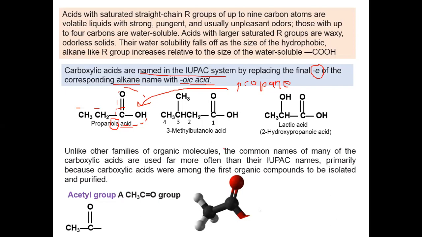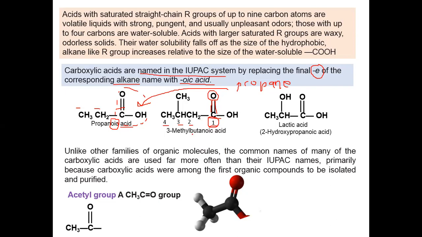Now how to number the carboxylic acid and get exact naming if you have substitution. You start numbering from the carbon which is related to the oxygen through the double bond. That's the first carbon. So you need to find this functional group in the molecule first and then start numbering. So it's going to be 1, 2, 3, 4.